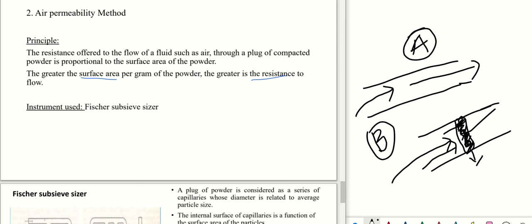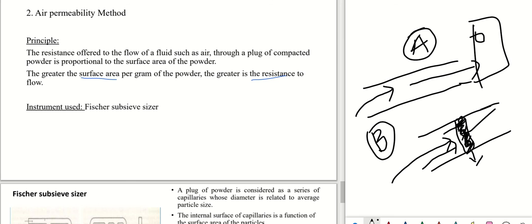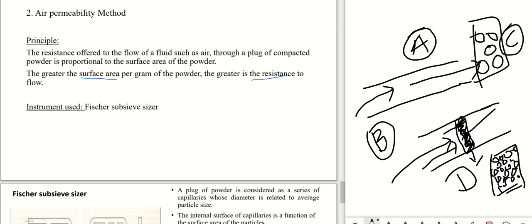Very fine. Suppose this is the plug, and these are the particles, large particles, and this is the plug having very small particles that are closely arranged. Let this be case C and case D. In case C, we have large particles in the plug, and in case D, we have small particles as a plug.